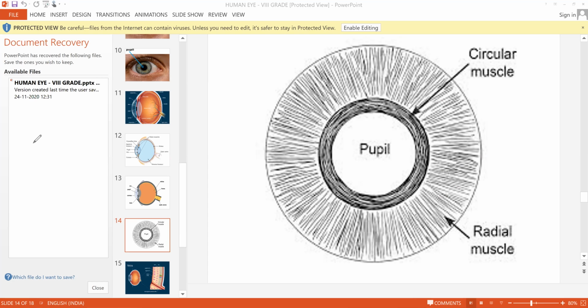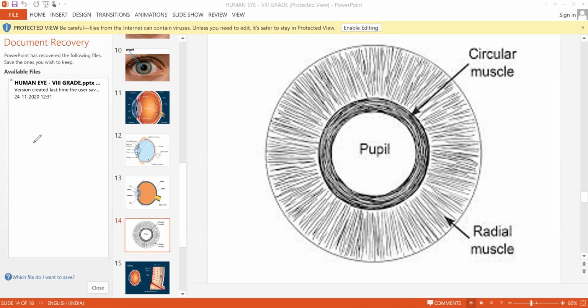The iris has the function of controlling the amount of light entering into the eye. It will not allow more light suddenly entering into the eye, and at the same time it will not allow less light.